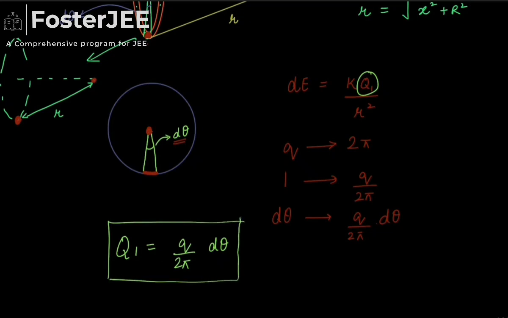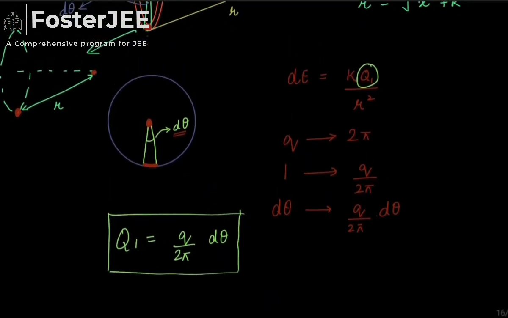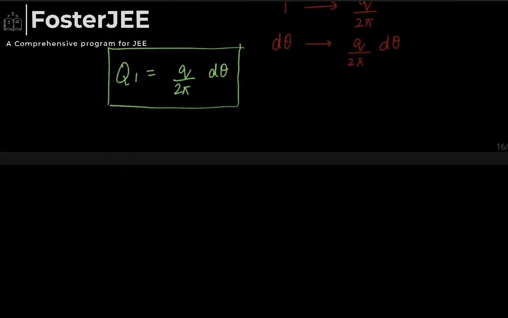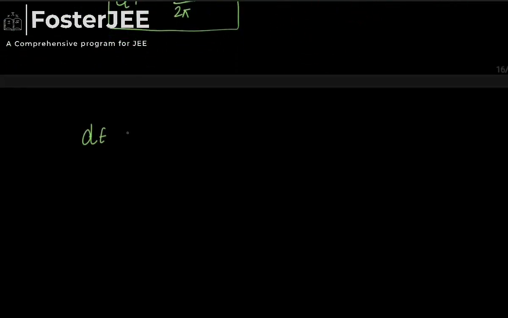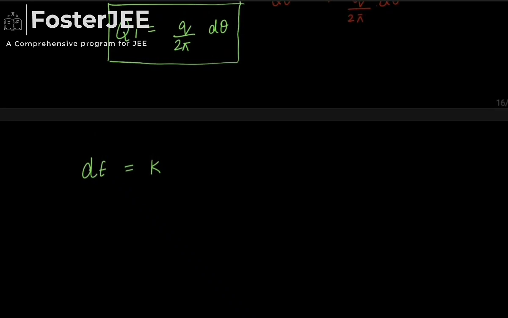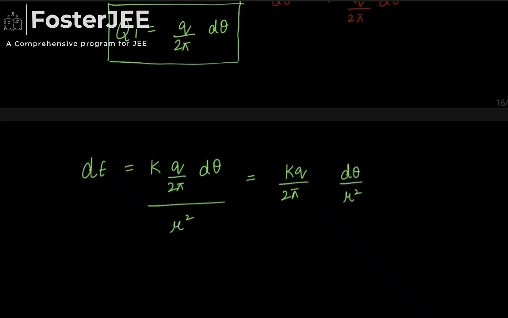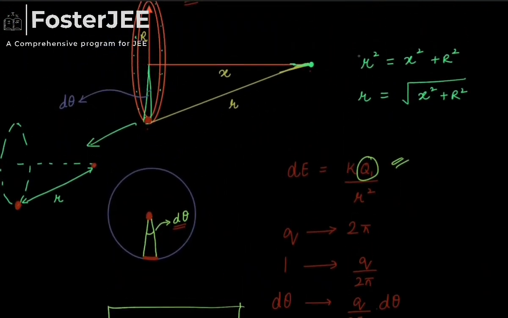Now for evaluating the electric field, we will put the value of q1 in this expression. Hence dE becomes k, q1 is q upon 2 pi d theta, upon r square, which is also equal to kq upon 2 pi d theta upon r square. Now the value of r square is x square plus capital R square.